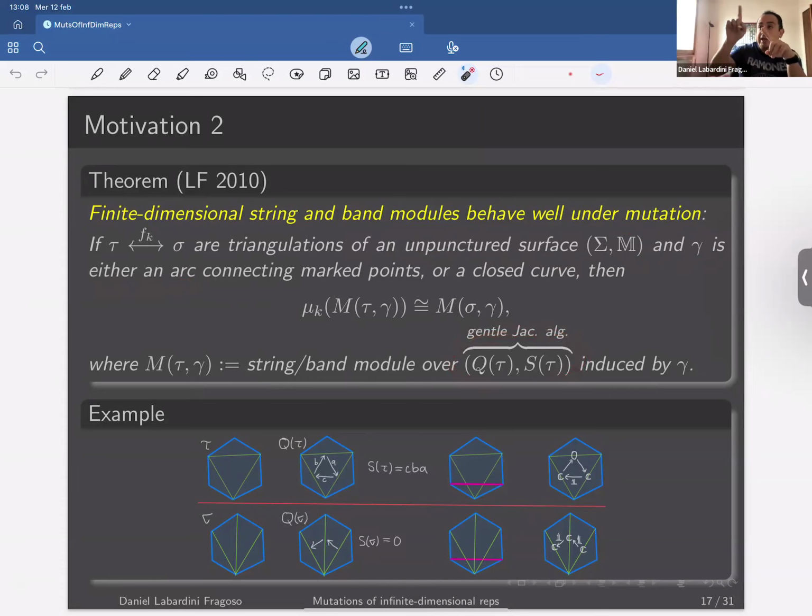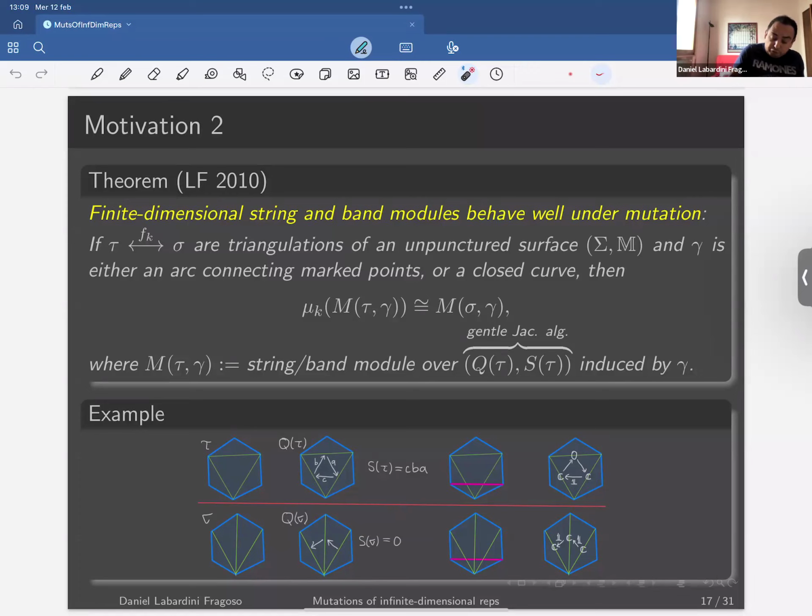And the arc induces a string on this gentle Jacobian algebra, and hence a string module. And this happens for any triangulation. So if you fix your arc, then for any triangulation, you have a corresponding string module for that gentle Jacobian algebra.